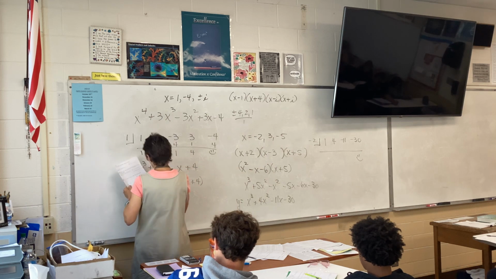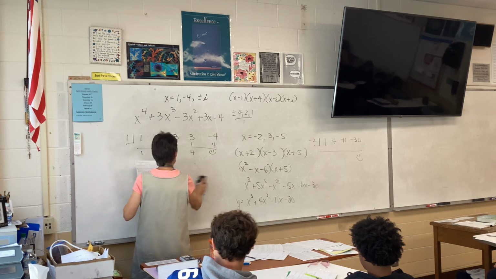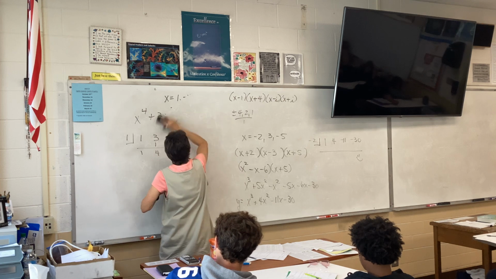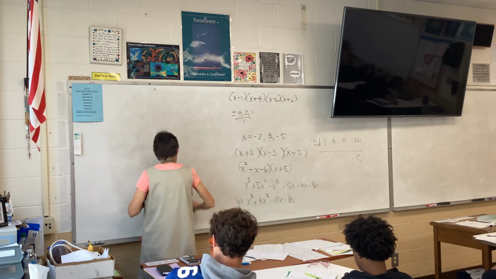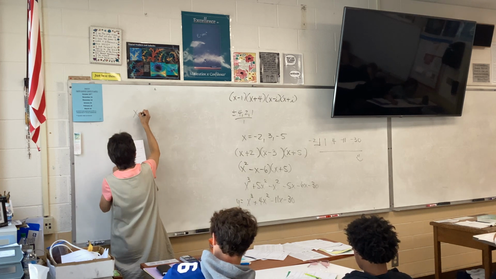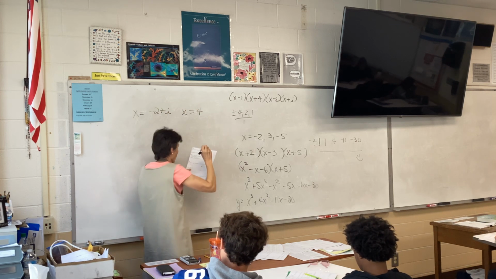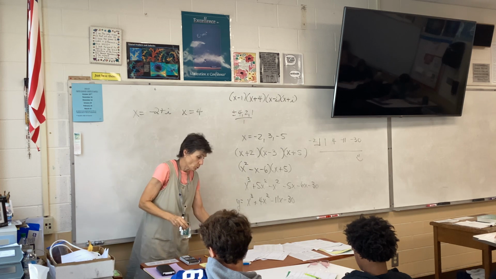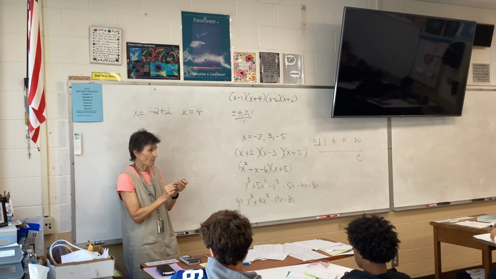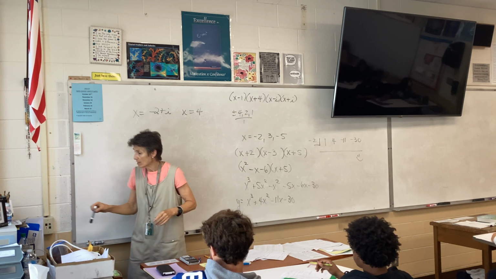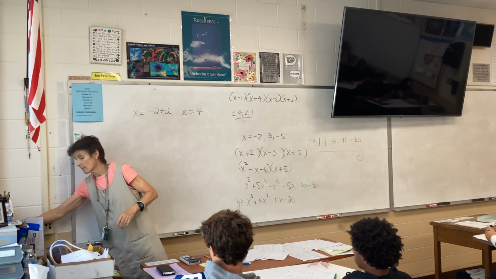Okay. Same problem. Now we're going to write one with complex zeros. So x equals negative 2 plus i, and x equals 4. Now, I told you something the other day. Did anybody remember? What do I know about complex roots, imaginary roots?